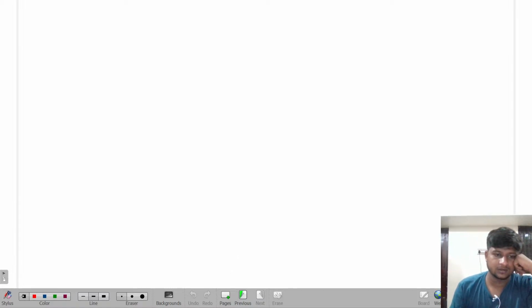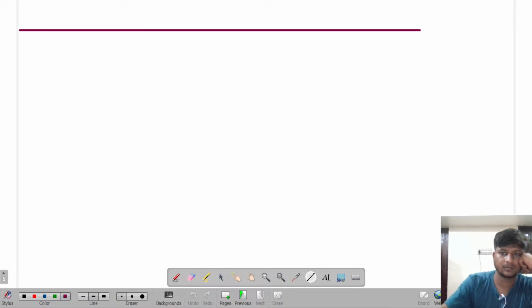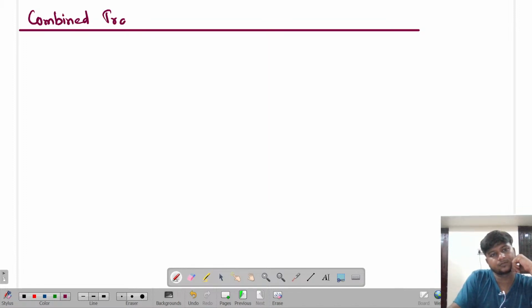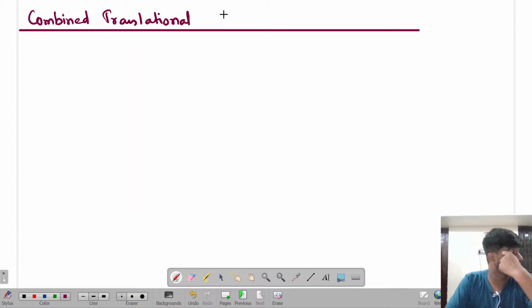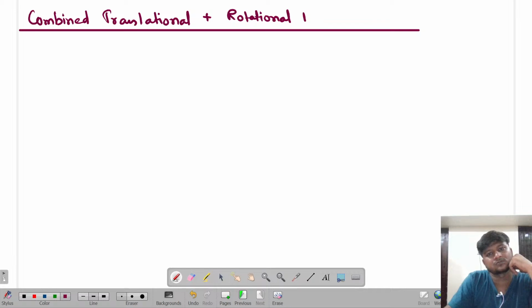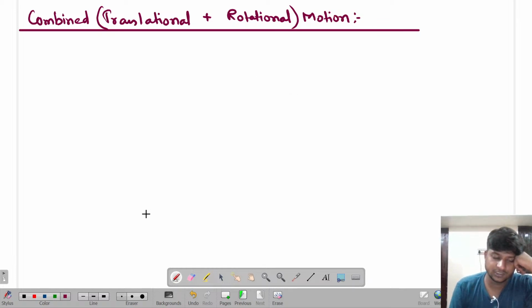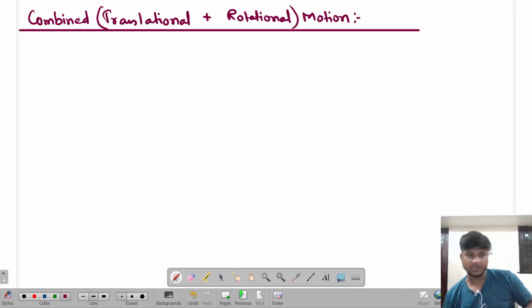Now, what is the idea of this combined translational plus rotational motion? Tell me, give me one example. Try to make me understand. What will happen actually?